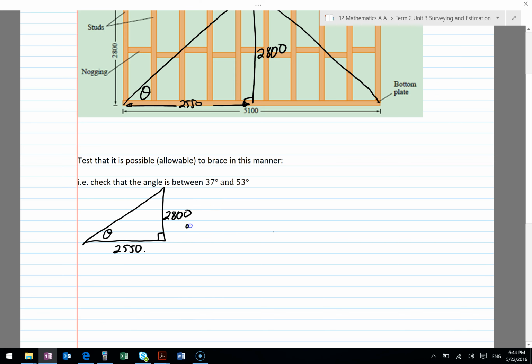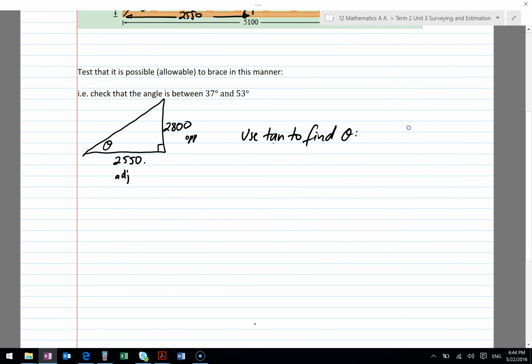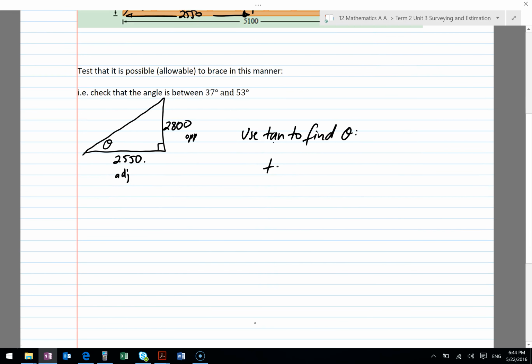So I've got the opposite and the adjacent side again. I'm going to use tan to find theta. Again, I'll write the rule because I'm not lazy. Still don't know this angle theta. 2800 divided by 2550.